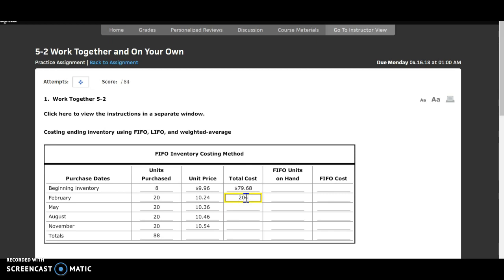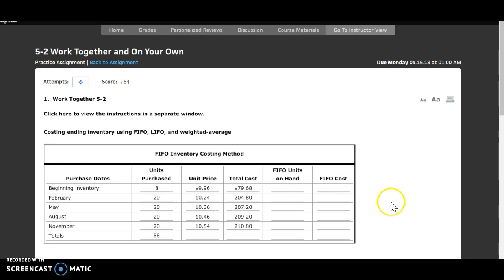Next one is a total of $204.80, $207.20, $209.20, and the last one is $210.80.